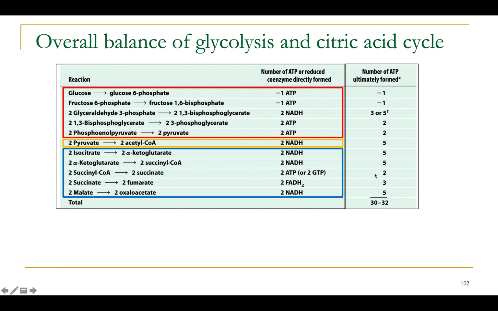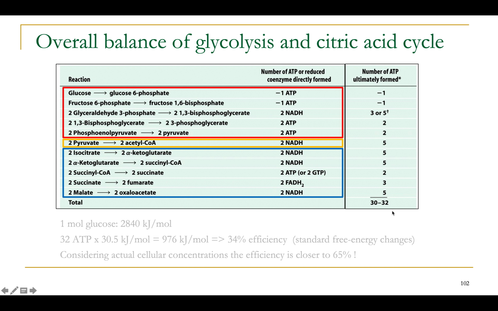Then we get purely 2 ATPs and gain 3 ATPs, 1.5 per each FADH2, feeding the electron transport chain through the succinate dehydrogenase. And if we add up what we can gain from one glucose molecule when we oxidize it through the cellular respiration, we get from 30 to 32 molecules of ATP.